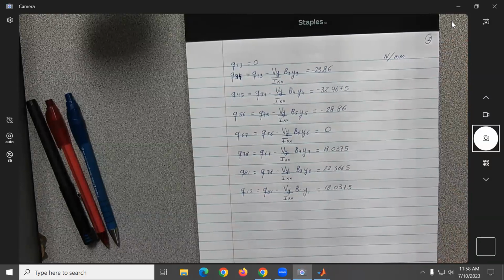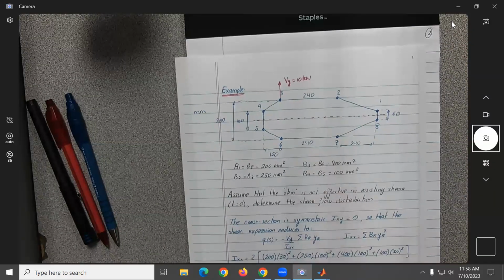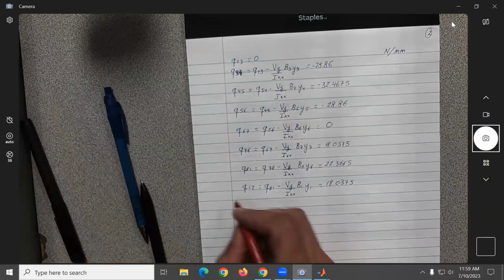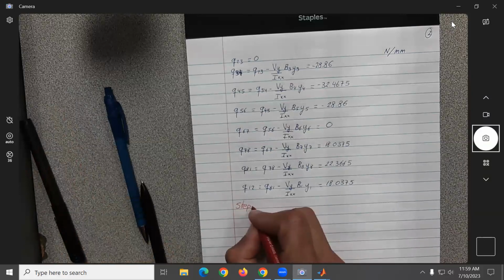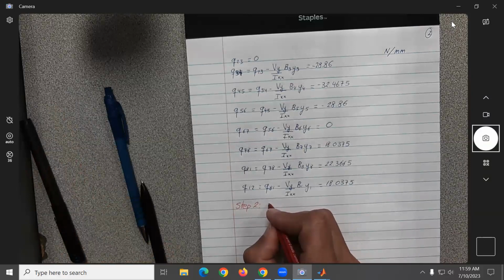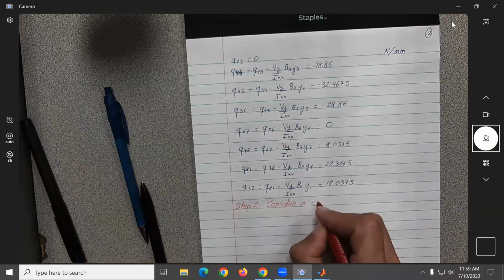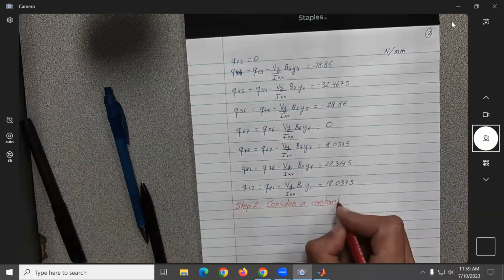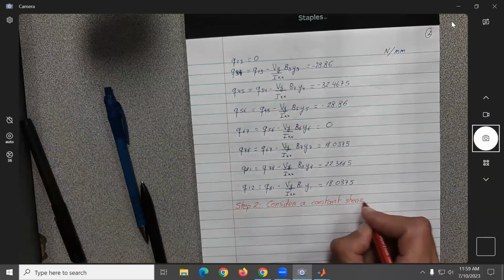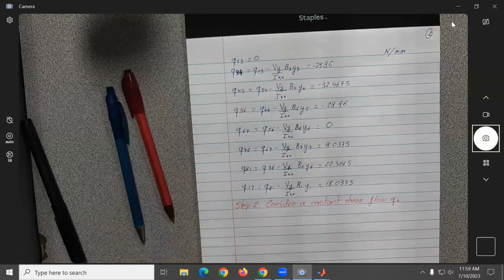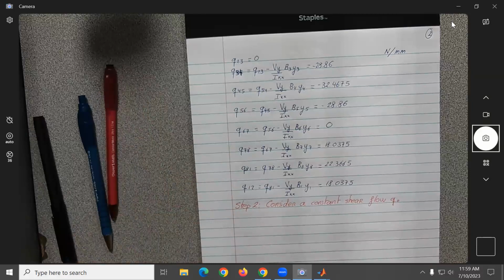If you remember, this is step 1, we make a cut. What should be step 2? Correct, so consider a constant shear flow. Because we did the cut, we need to make it look like the real case.